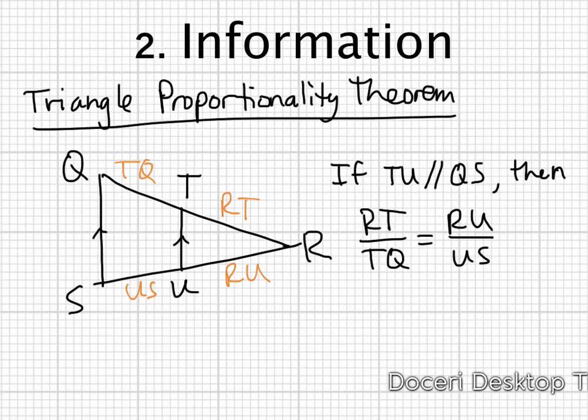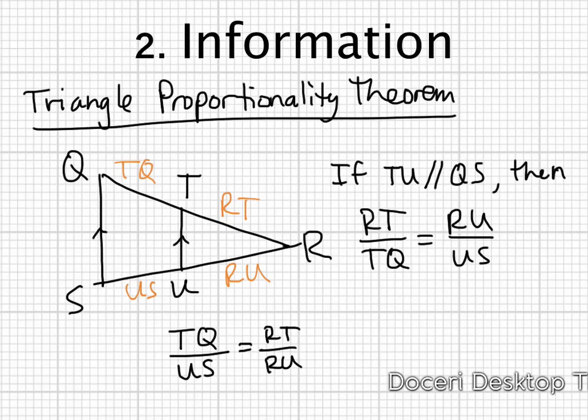So we can also rearrange that. Remember back to earlier in this portion where we talked about rearranging the proportions, I can rearrange this proportion as well. So I could do TQ over US equal to RT over RU. Now again, remember, we have to double check it with the cross product property.